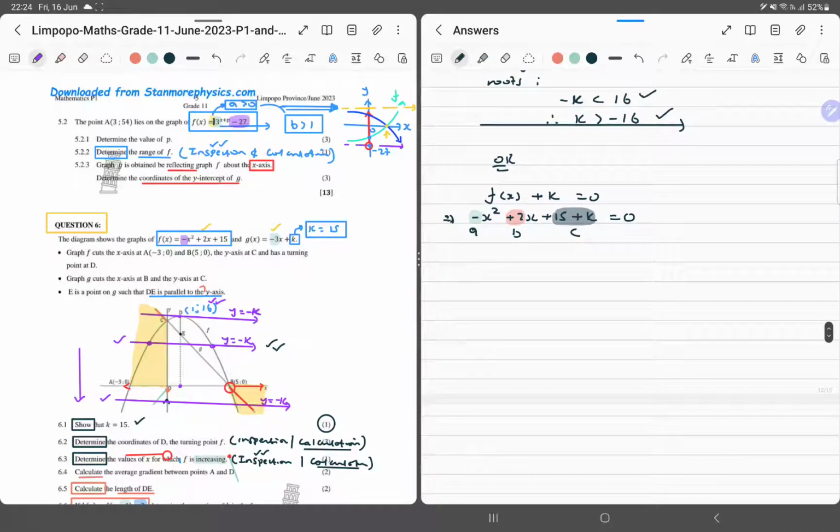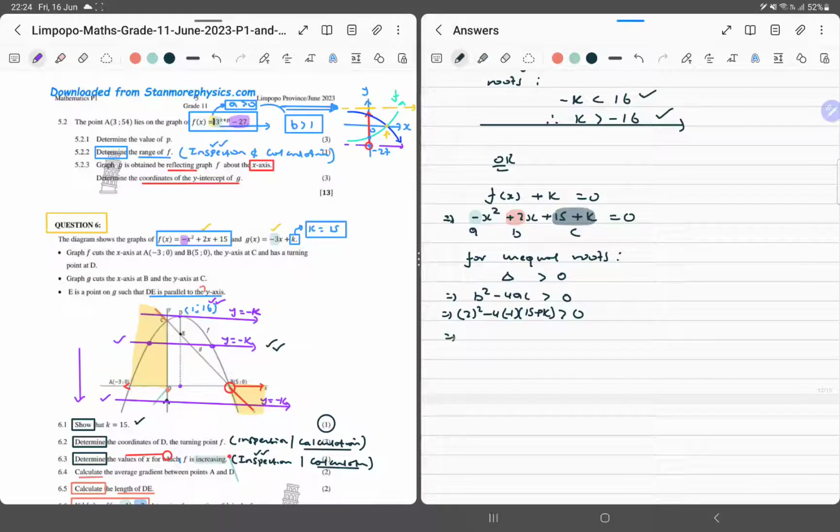All right. So now we can just simply say for unequal roots, because this is a question on the nature of the roots, it is such that delta must be greater than 0, because you know when delta is greater than 0, we get unequal roots, right? This implies that b squared minus 4ac must be greater than 0, which implies now this is 2 squared minus 4 into a, which is minus 1, into 15 plus k, must be greater than 0.